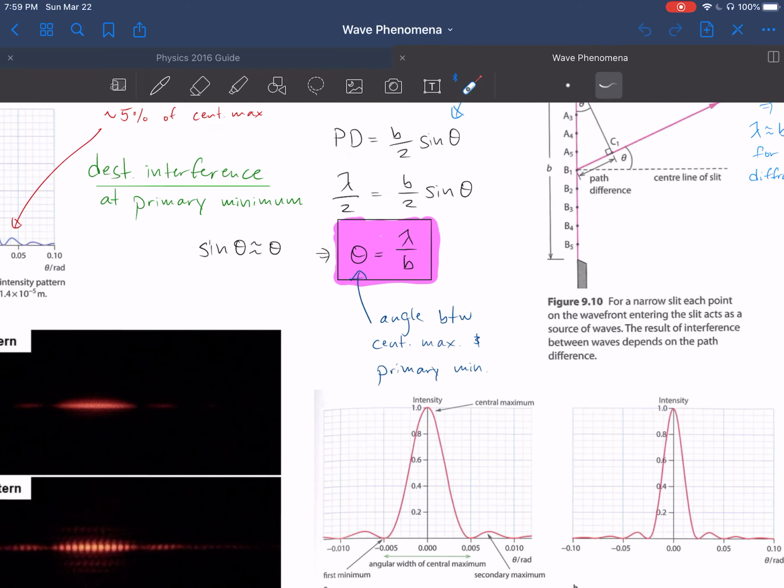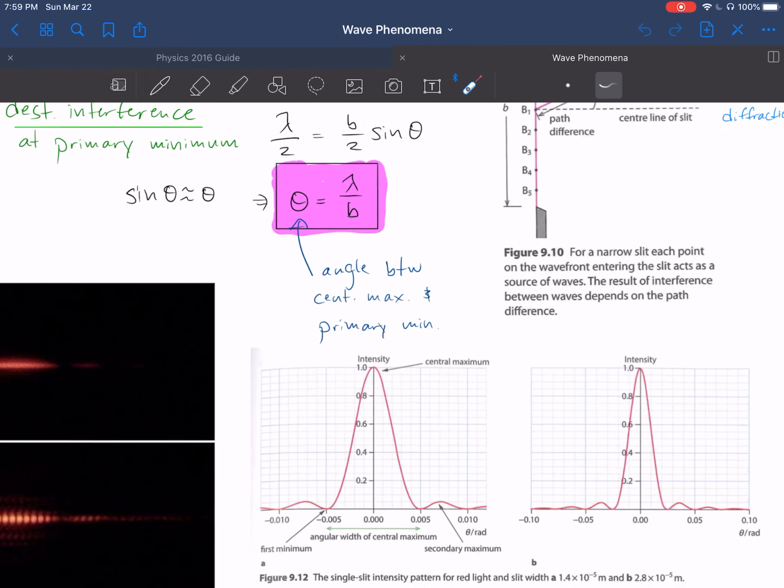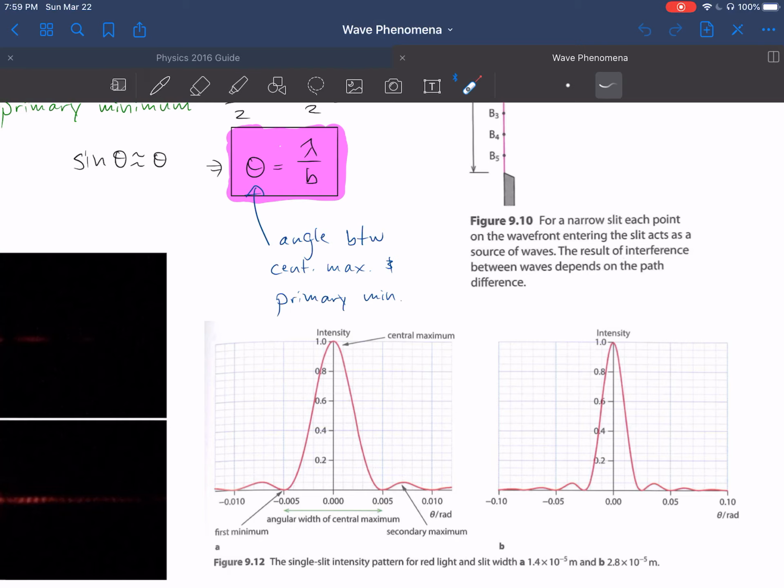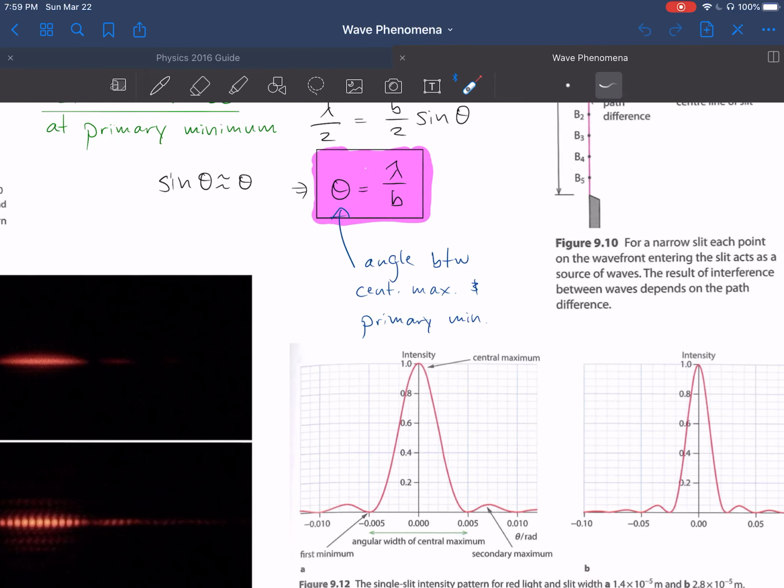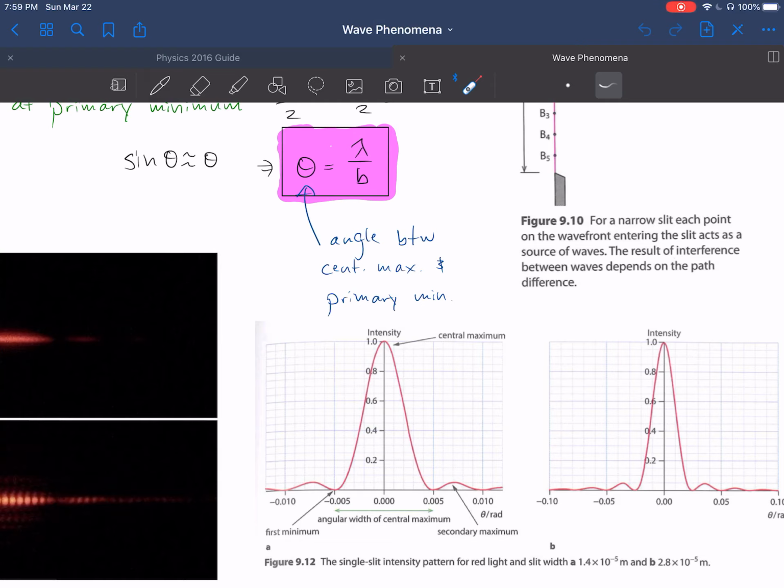The final thing we're going to explain is the effect of slit width on the angle between the central maximum and the primary minimum. Okay, so how does b right here affect theta? And that is straightforward to explain. We can see that theta is inversely proportional to b, and as a result, when the slit width increases, you would expect a decreased angle between the central maximum and primary minimum.